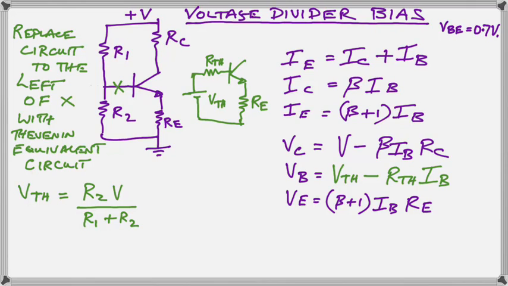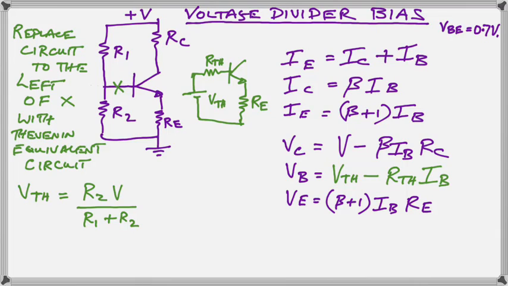So VTH now is just our V across the voltage divider of R1 and R2. So R2 over R1 plus R2 is just the voltage divider formula. That's the voltage that's at the X. And it's a fraction of the V. So the VTH is a fraction of the source voltage V.